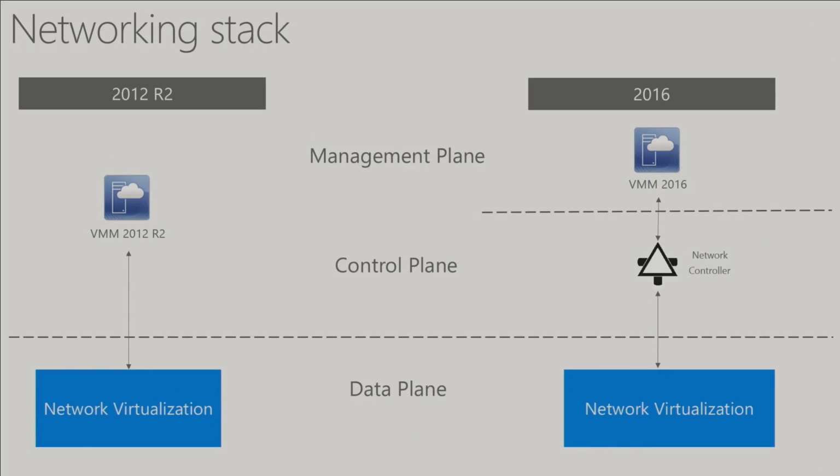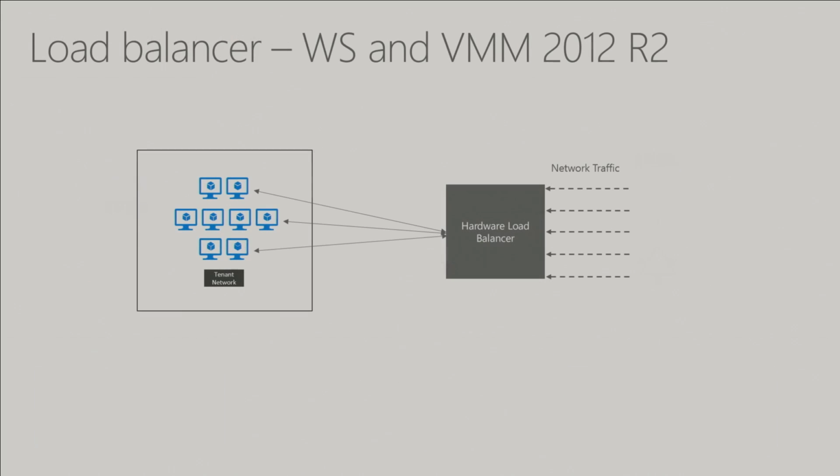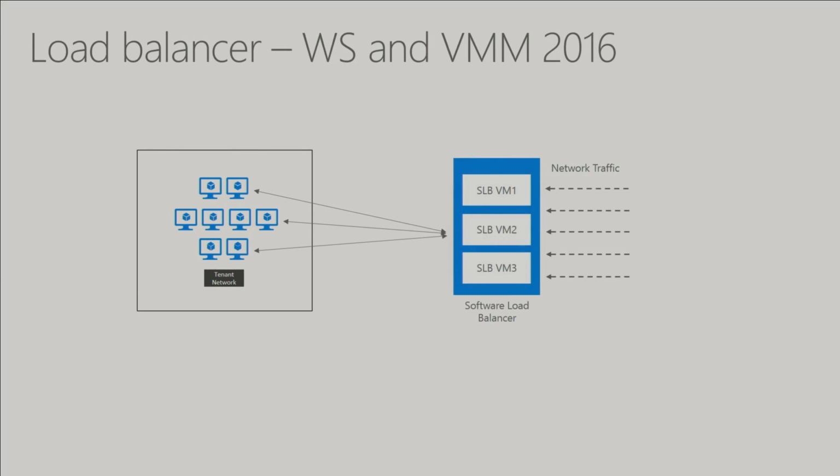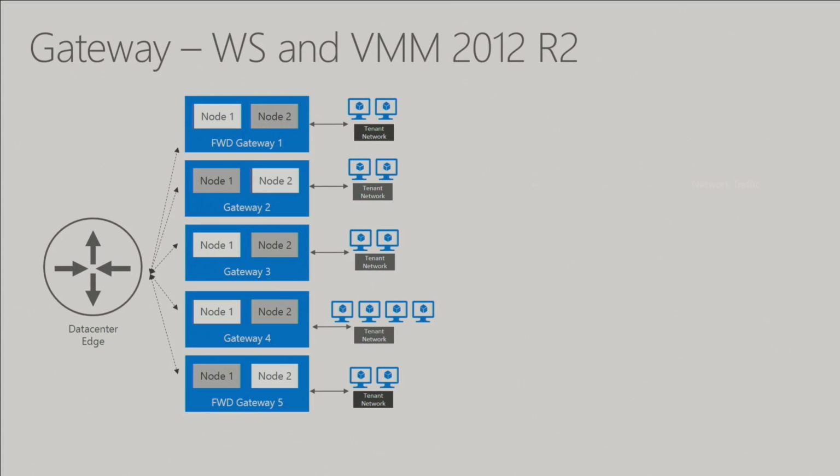And you can also have an SDN environment. Load balancers in Windows Server and VMM 2012 R2, you had to use hardware load balancers. Now you can use software load balancers. You don't need to spend big dollars on hardware load balancers.